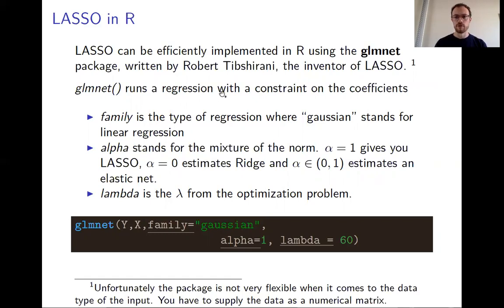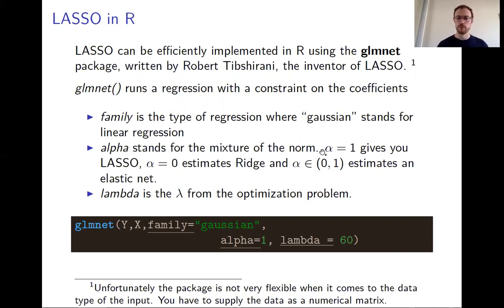You need to also give glmnet some additional parameters. You need to type what family you want the regression to be. Here we're going to use Gaussian, and Gaussian stands for just OLS, whereas other options are if you, for example, have something with limited dependent variables where you either run a probit regression or a Poisson regression.